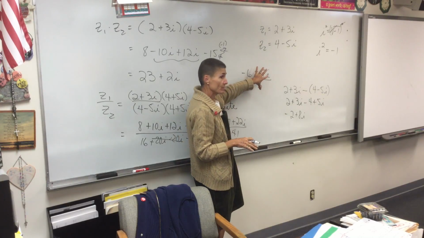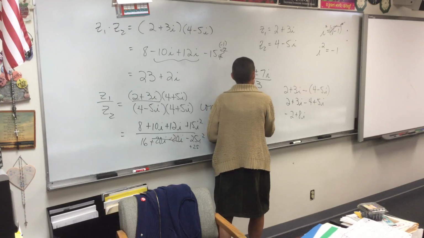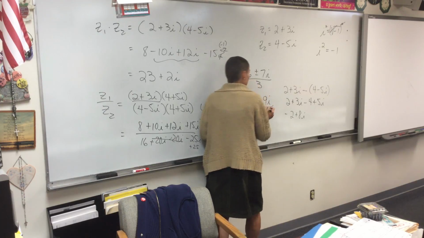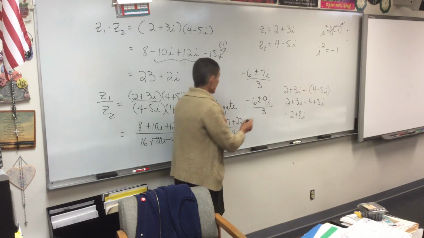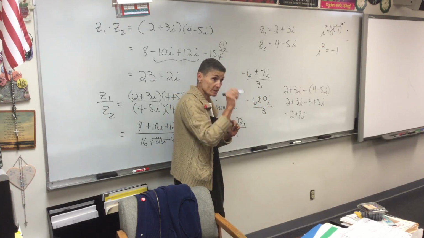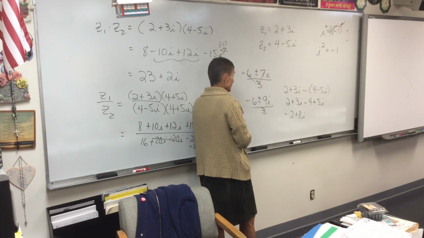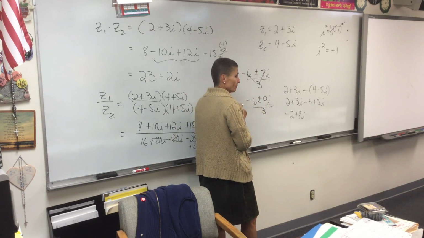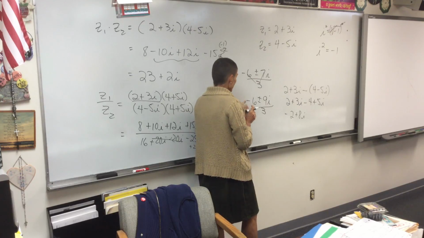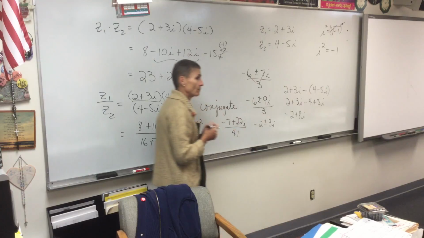So this does not reduce. Do not touch that. This, we could reduce. Because you can cancel a 3 out of all 3 parts. If you can't do the triangle of cancellation, then don't cancel at all. So this is a no. This one would be negative 2 plus or minus 3i. You can cancel that one.